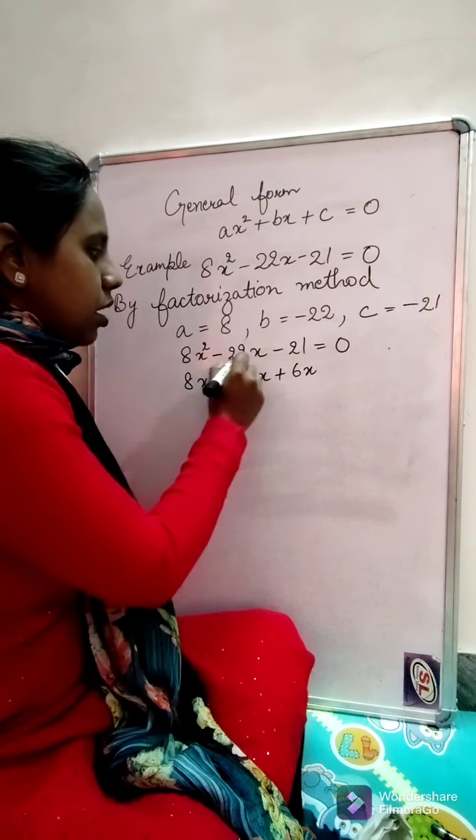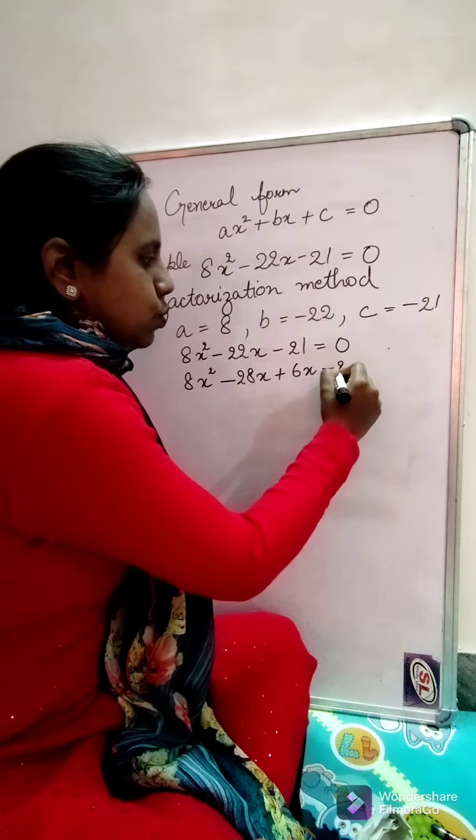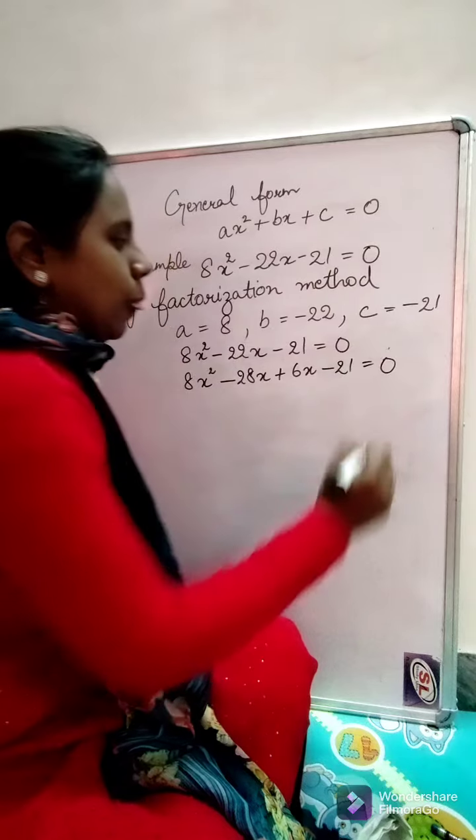We are distributing minus 22x as minus 28x plus 6x.